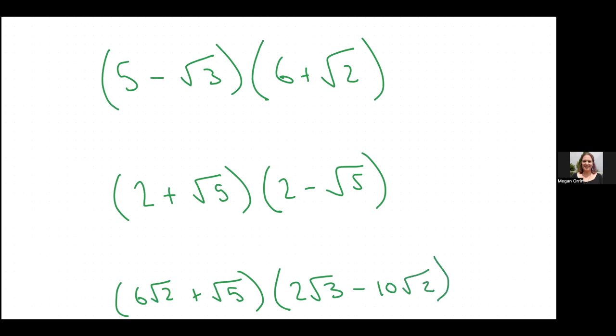Have a go at that, and then I'll show you what they should be. Some of these will be able to be simplified. Some of them you can simplify a bit.